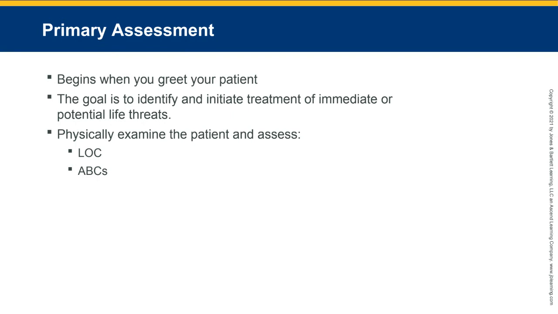And with the final category, which is number 6, is a patient that is unresponsive and no pulse is present. So this is your patient in cardiac arrest. So a patient can present in 6 categories.